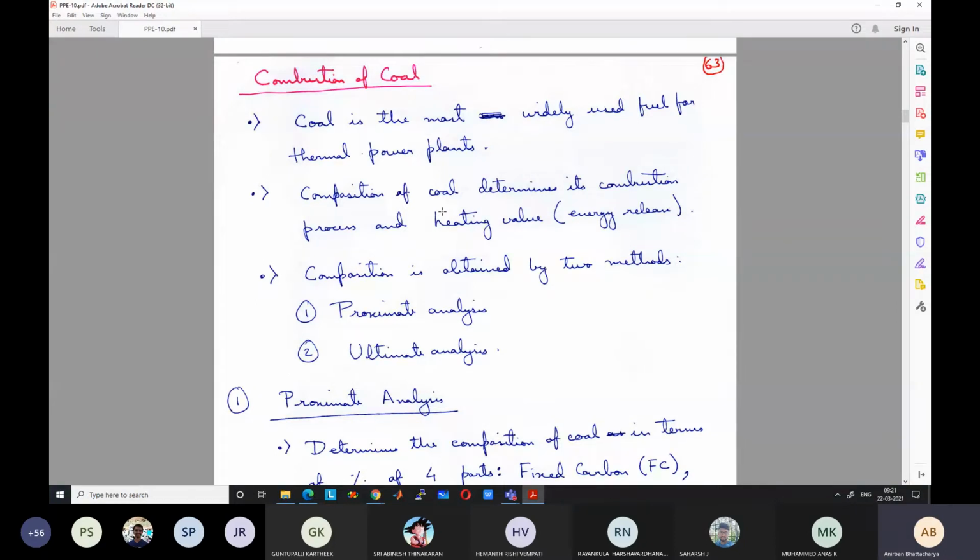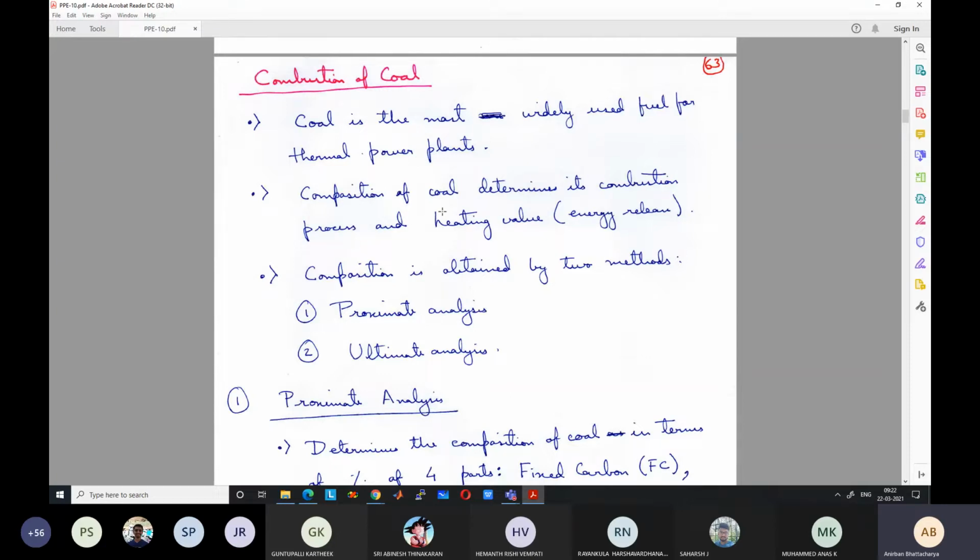So the coal quality may vary depending on the location, and you cannot exactly tell the exact amount of carbon present in a coal, or the exact quality of the coal. It will vary from location to location, even in the same location from where the coal is extracted. It can vary from region to region.